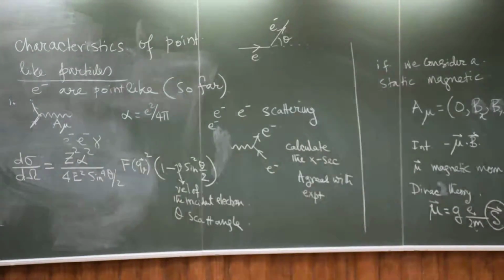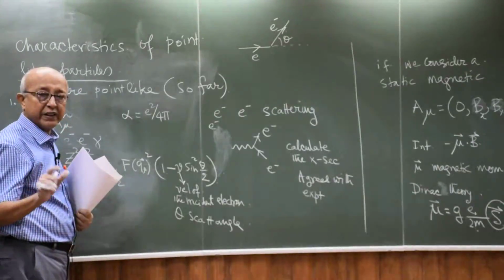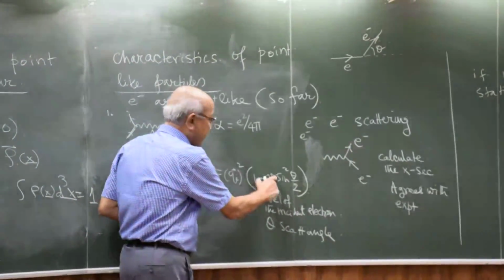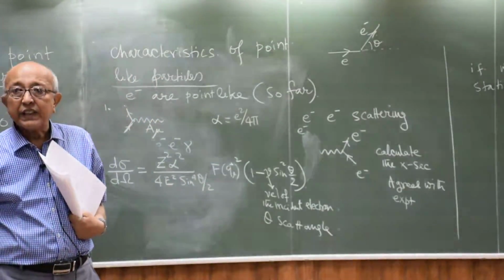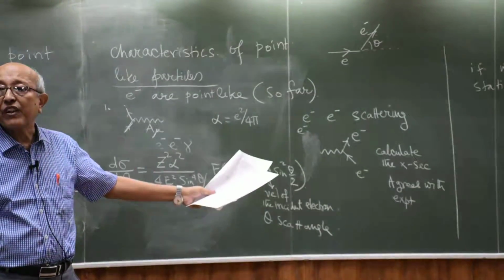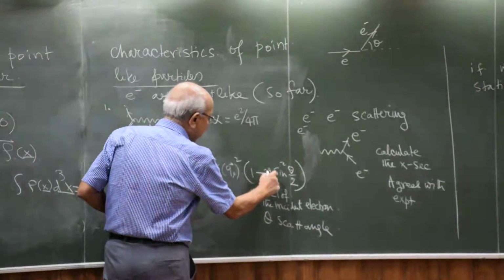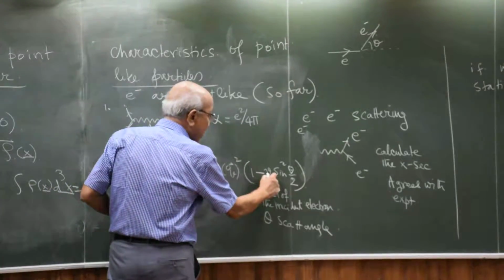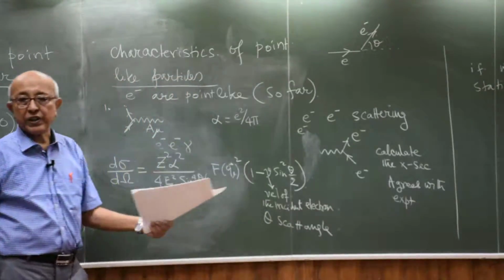Now forget about this factor for the time being. Forget about this factor for the time being. Just note that if the velocity is very small, actually here velocity is written in units of velocity of light, so this factor, if v goes to 0, the non-relativistic case, this factor is 1. So you can forget about it.